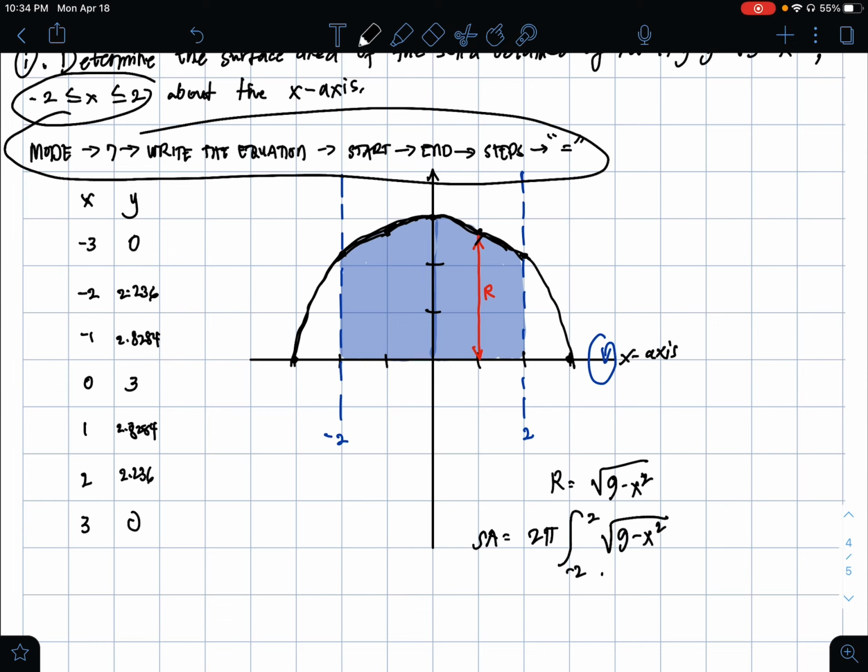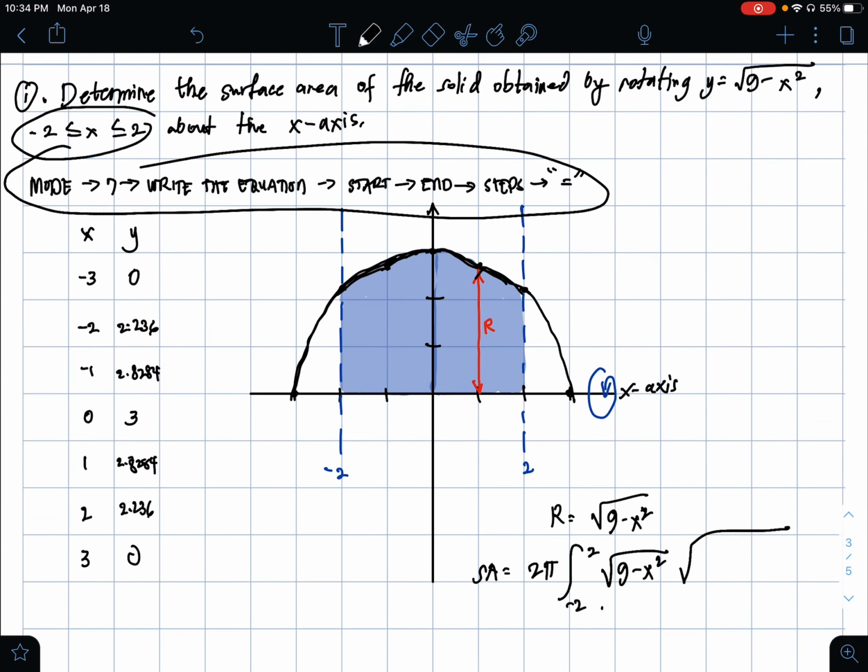And we also have, okay, what is the derivative of the equation? y is equal to the square root of 9 minus x squared. So y prime is 1 half times 9 minus x squared to the -1 half times -2x. So -2 over 2 cancels, so what remains is -x all over the square root of 9 minus x squared.